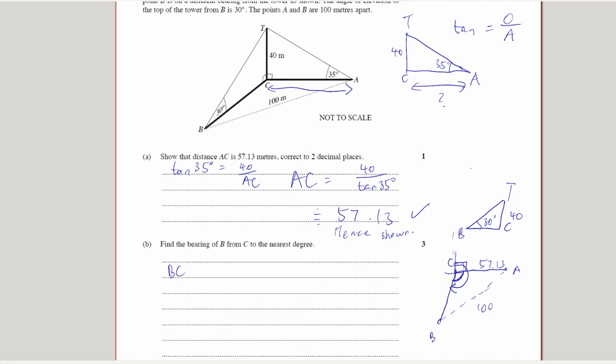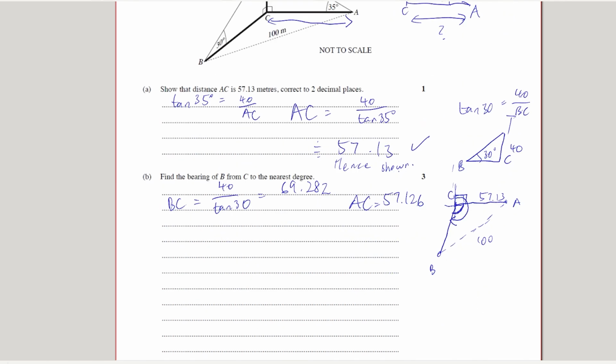So tan 30 equals opposite over adjacent. So BC is going to be 40 over tan 30, which is approximately 69.282. I'm going to do it to 3 dp, and I'm also going to write AC equals 57.126. I'm going to use 3 dp for more precision.